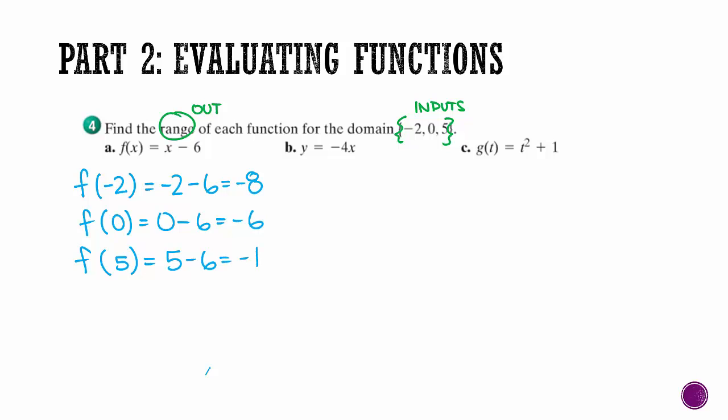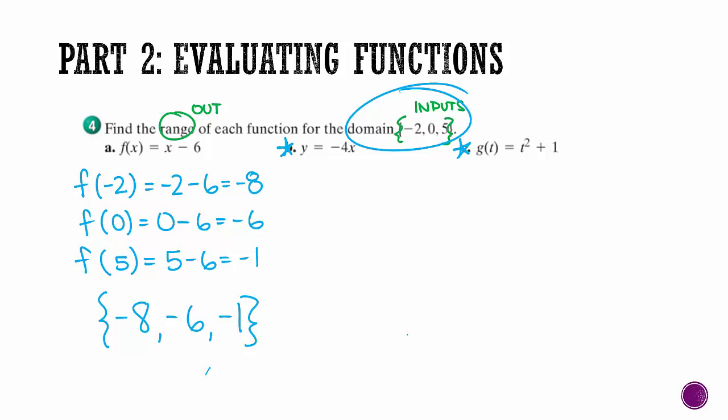So our range for this function, we write some squiggly brackets, and then we list these numbers that we got: negative 8, negative 6, negative 1. That is the range that corresponds with that domain. I'm going to have you do these two for your Can You Prove It.